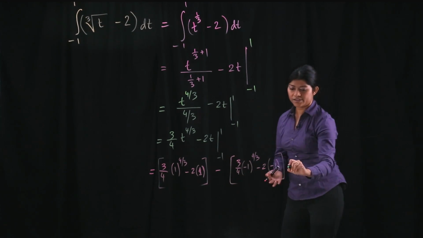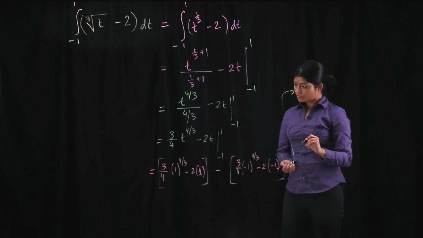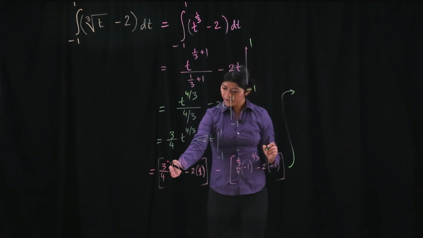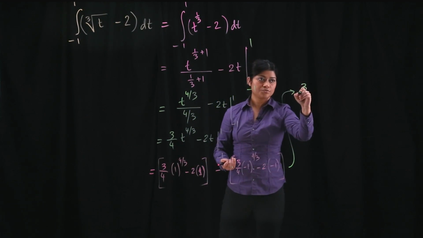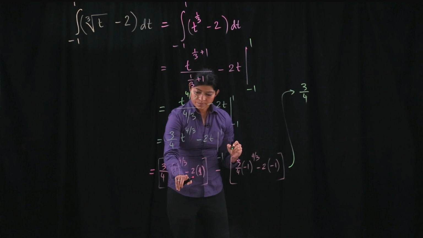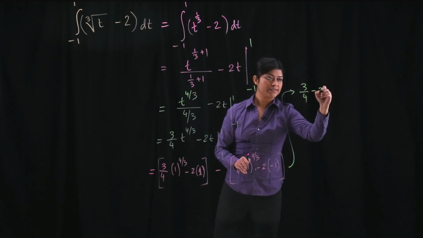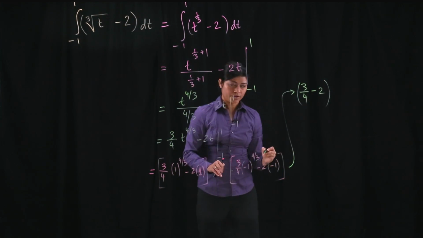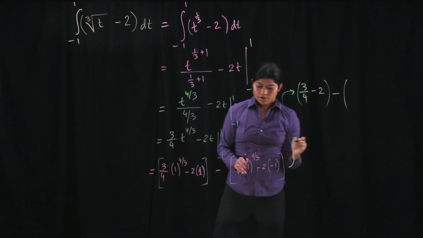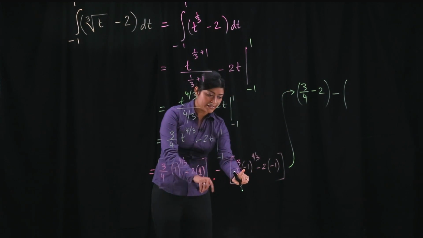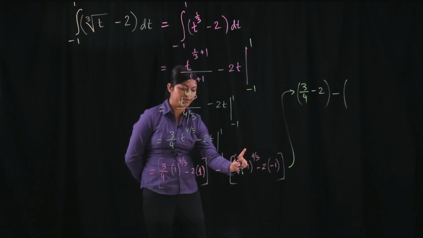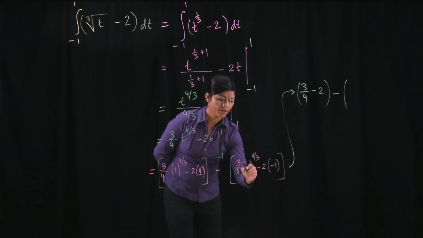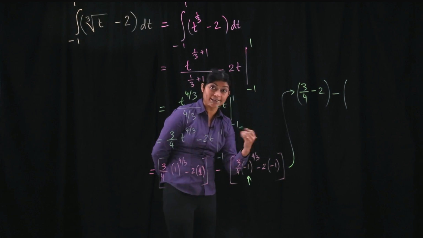Okay, let's see what we get. So let's simplify. 1 to the power 4/3 is just 1. So you get 3/4 there. Minus 2 times 1, so that's -2. All right, so notice this term. This is -1 to the power 4/3. What will that be? Okay, you can look at it this way.